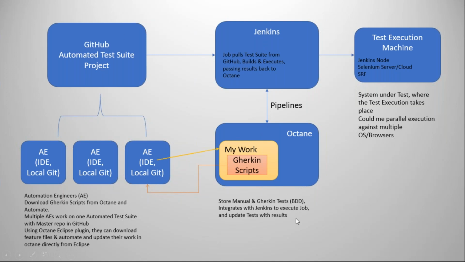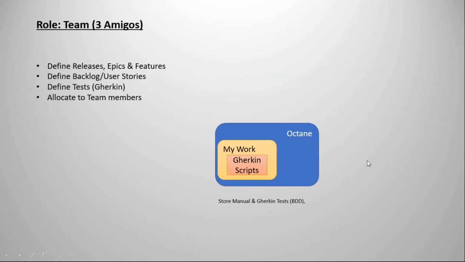So this is a high-level architecture of the demo that I'm going to go through. What we're going to do is break this down bit by bit, and you can see how this builds up. We're going to start in Octane. Now, it's a little bit difficult, this demo, because in the real world there would be different team members in our Agile project with different roles doing different parts, whereas obviously I'm demoing all of this, so this is all me.